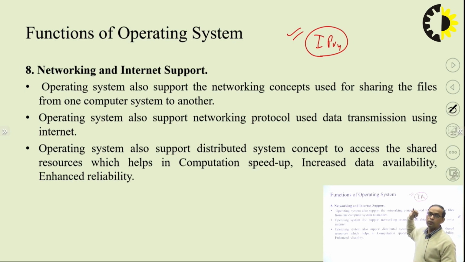Until and unless the operating system supports this protocol, we are not able to connect to the internet. So the different networking protocols required in order to connect our computer system with a network are supported by the operating system.